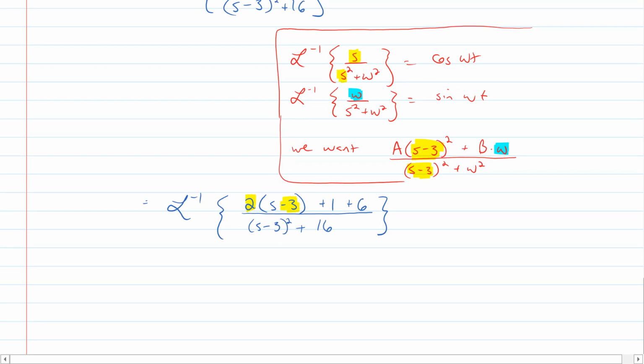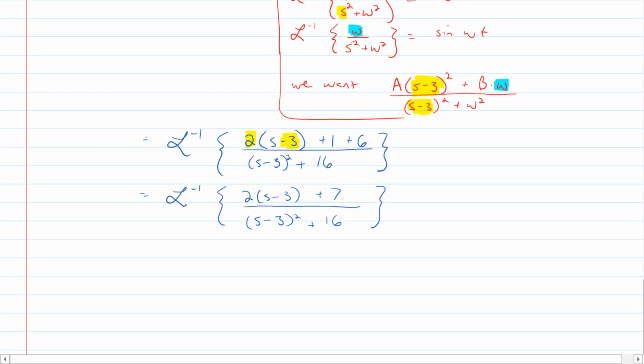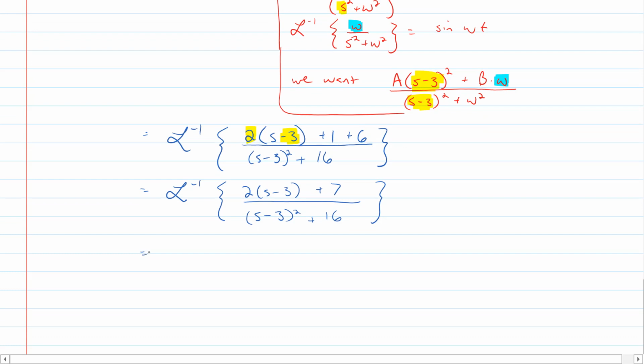And so just simplifying a bit, we get the inverse Laplace transform of 2 times s minus 3 plus 7 over s minus 3 squared plus 16. And now I'm going to split this into two terms.